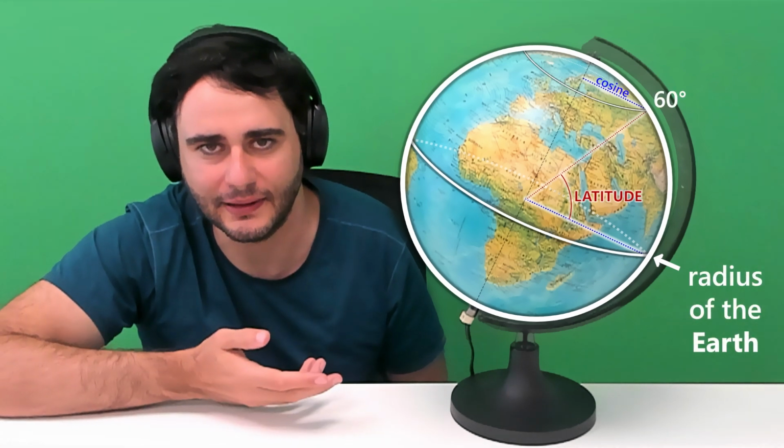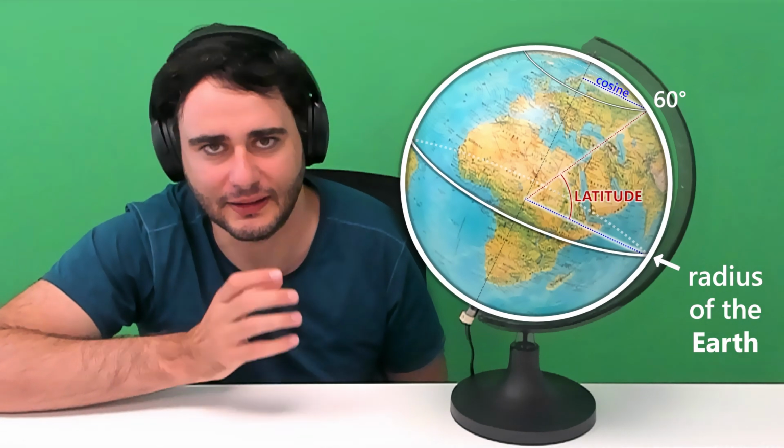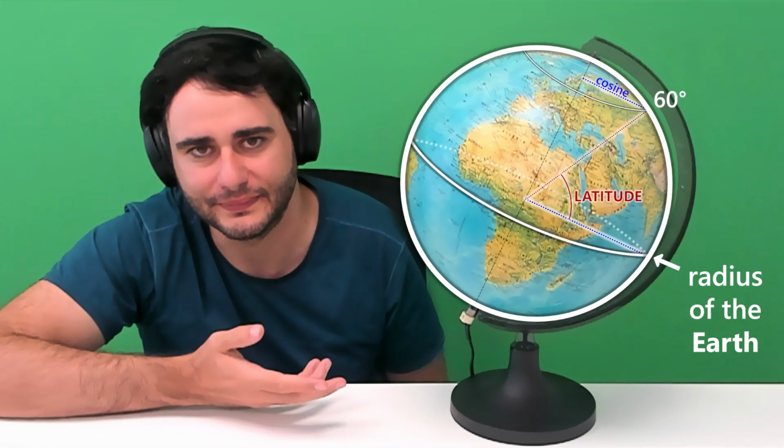Because the circle here has half the circumference of this one here. Why half? Because the circle here has half the radius of this one here. Again, why half? Because the radius here is cosine of the latitude times the radius here, and cosine of 60 degrees is 1/2. So we need to scale by the cosine of the latitude to fix the problem.